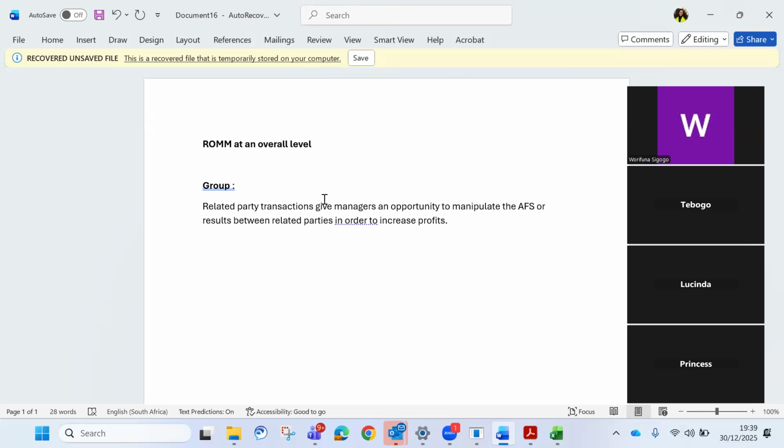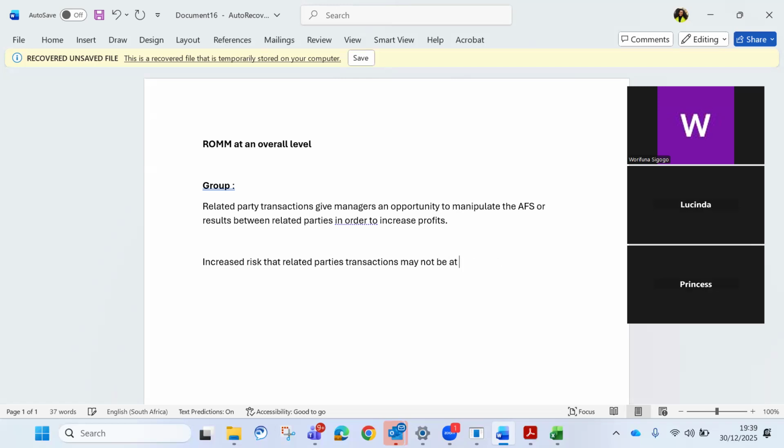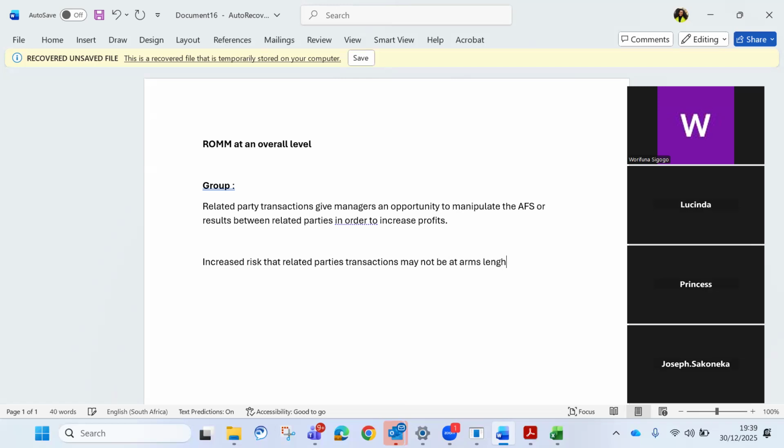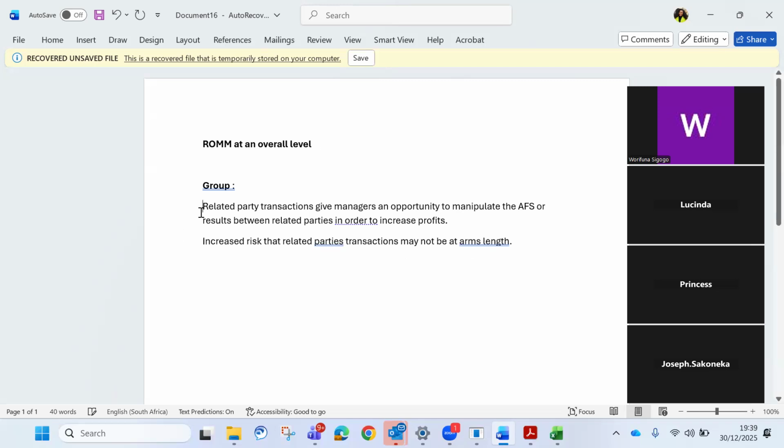There's an increased risk that related party transactions may not be at arm's length. There it is. By virtue of this still being part of a group, you see that just knowing at least with a group I can have this, and that doesn't just end there. There's also another thing that you must have.